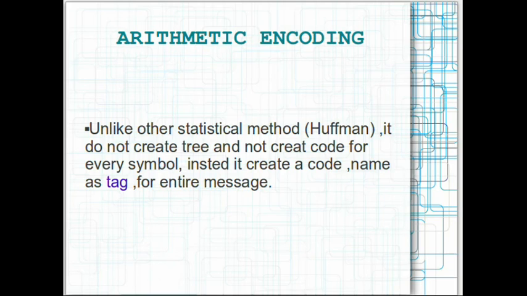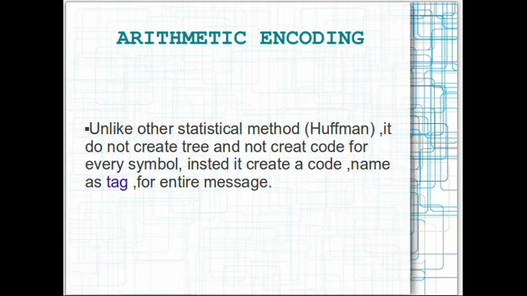Consider a source which contains only three symbols A, B and C, where A has the probability 0.8, and B and C have 0.1 and 0.1. Here the probability of a particular symbol is very high compared to the rest of the symbols. So Huffman is not very efficient with such probabilities, and to overcome this we have arithmetic encoding.